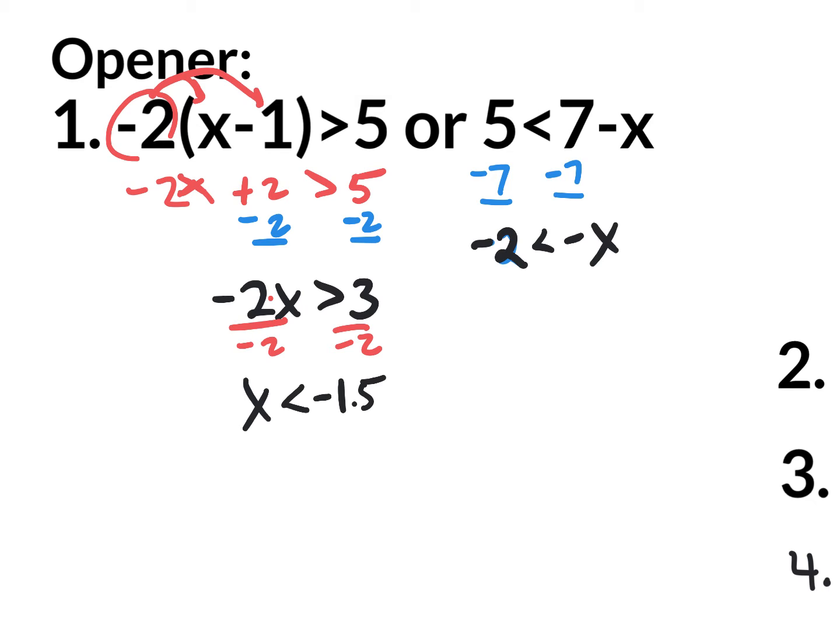So I could divide by a negative 1, or I could multiply both sides by negative 1. Either way, it's our last step, and whether you multiply or divide by a negative 1, you have to flip that inequality symbol. So what we have here is x is less than positive 2, if you read it backwards, of course. And we have the word or between it.